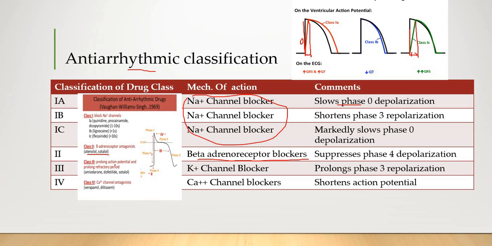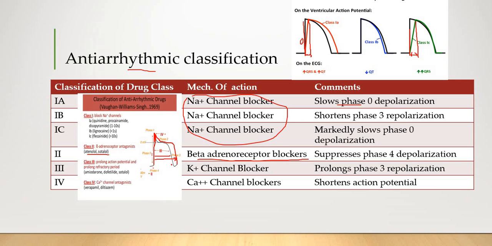The third class prolongs the action potential and prolongs the refractory period. Refractory period means if a drug is given, it was first following this pathway, and in the presence of the drug, it will now follow this pathway like this one. So the refractory period is prolonged.